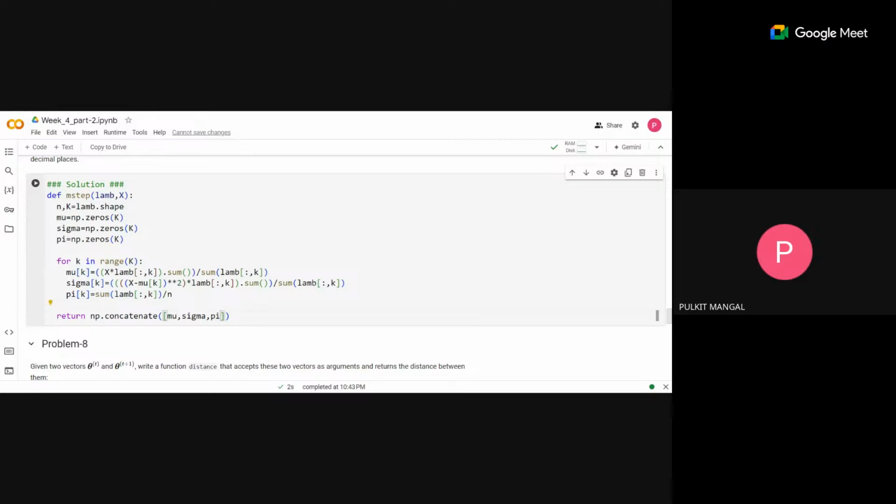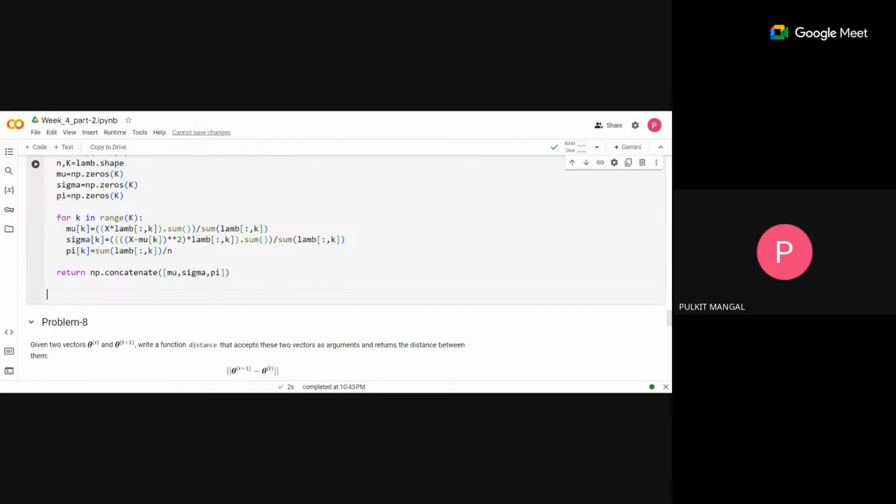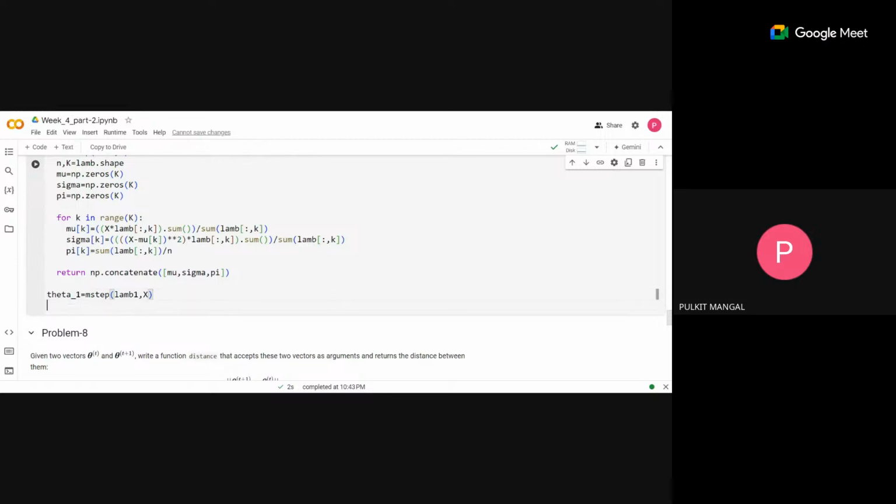Now what is the question asking? For the purpose of computing the value of the function for lambda 1 and x, the return value is theta 1, and we need to find the norm of that. So theta 1 is m step of lamb 1 comma x.